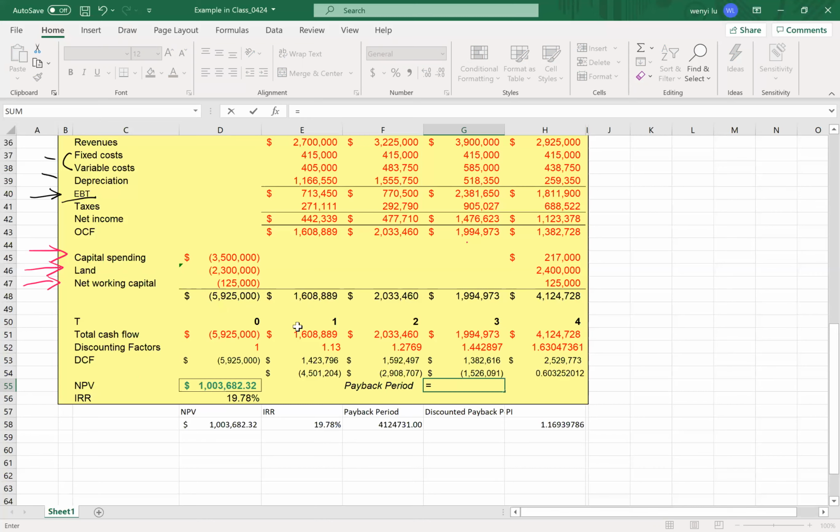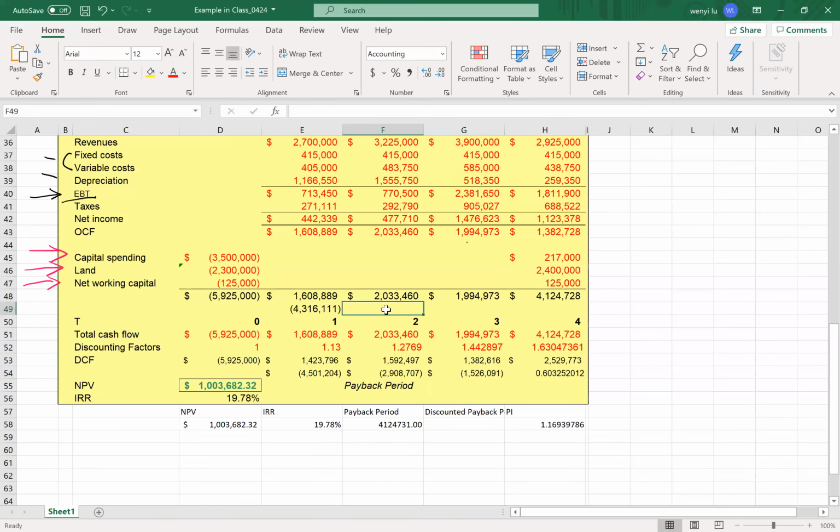And you can see here, after 1 year, the balance is still negative, not covered yet. So we add the second year's cash flow, still negative, still in the bracket.